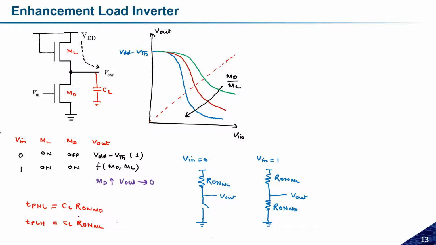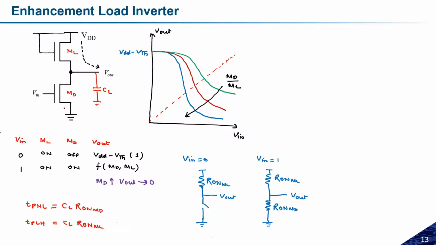And if the on resistance is equal, we can make the rise time and the fall time equal. But if I have made both the transistors equal, and the input is equal to 1, this will act as a voltage divider circuit. And then the minimum voltage which we can achieve will be equal to VDD by 2 only.